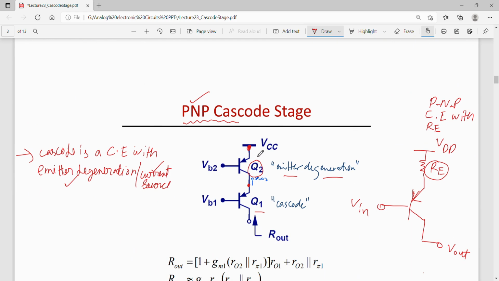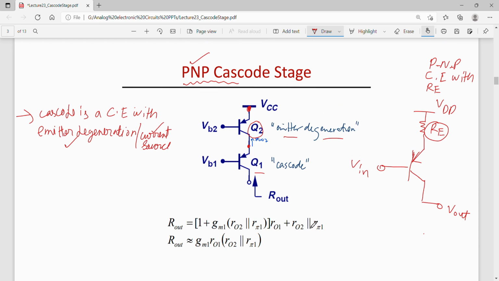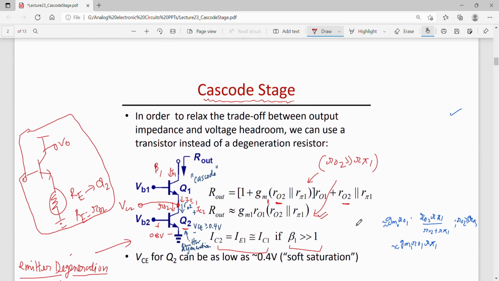Now for this circuit also one can find the output impedance, and it will be exactly similar to the output impedance calculated for the NPN cascode. So I'll write here NPN cascode. The NPN cascode's output impedance is this one.